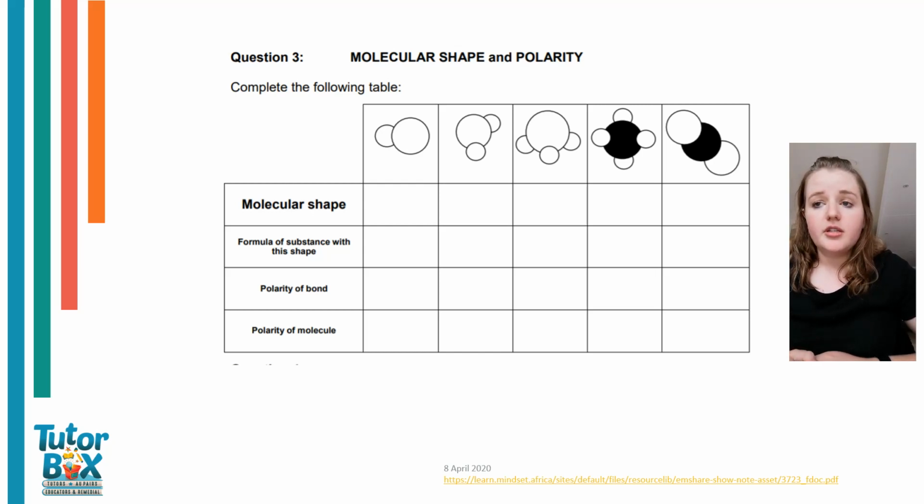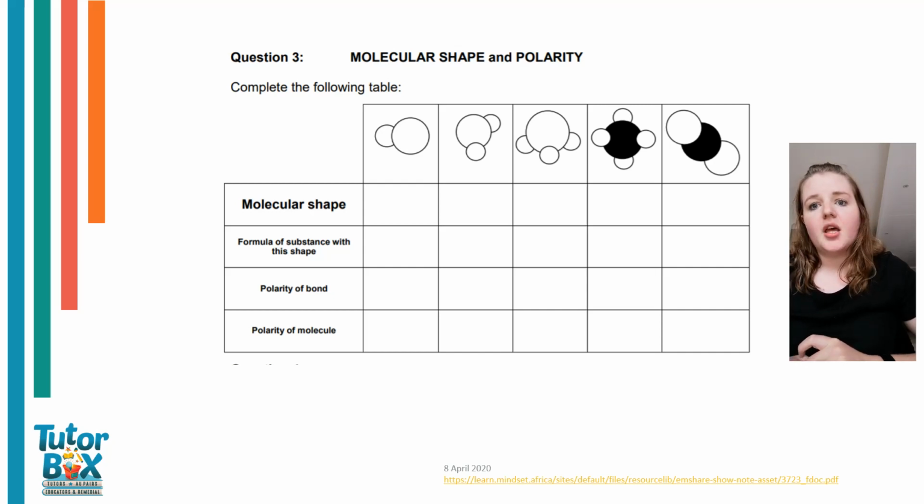So H2O, for example, or any other example where there are two atoms joined to 1 and they're not the same. Then your next one, an example would be NH3, or any other one, as long as there's 1 and 3. The next one, I'm going to go with CH4. And the last one, I'm going to go with CO2.